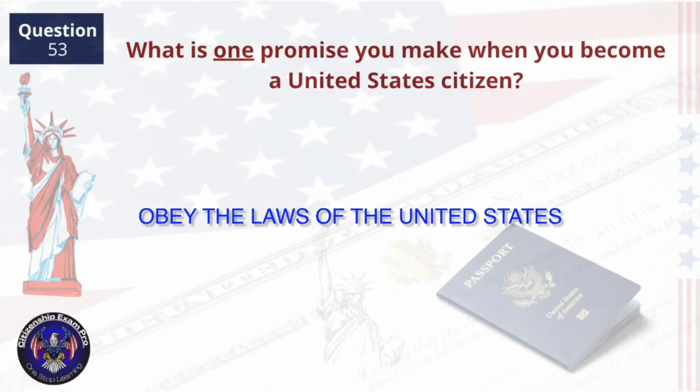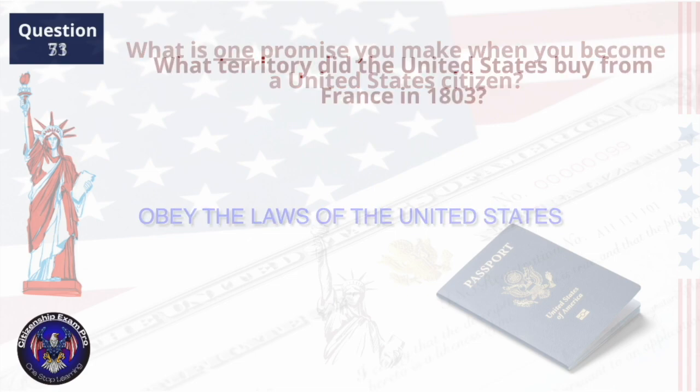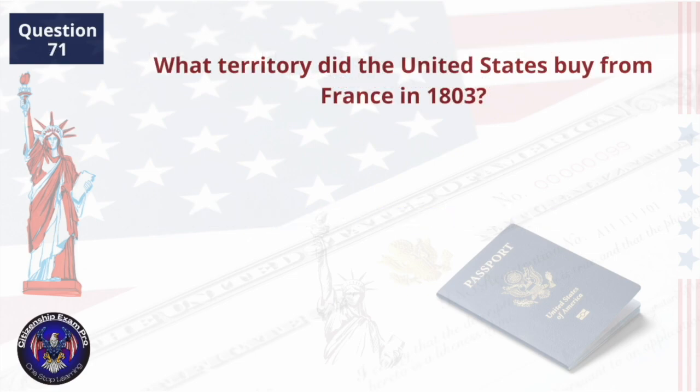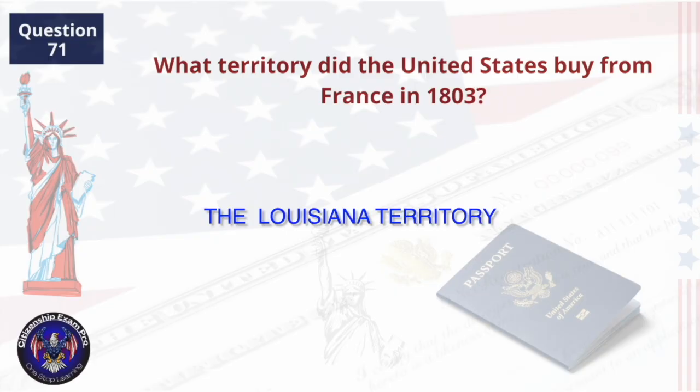Obey the laws of the United States. What territory did the United States buy from France in 1803? The Louisiana Territory.